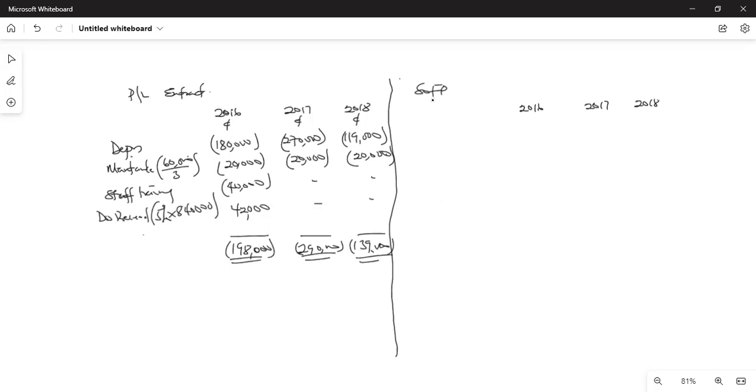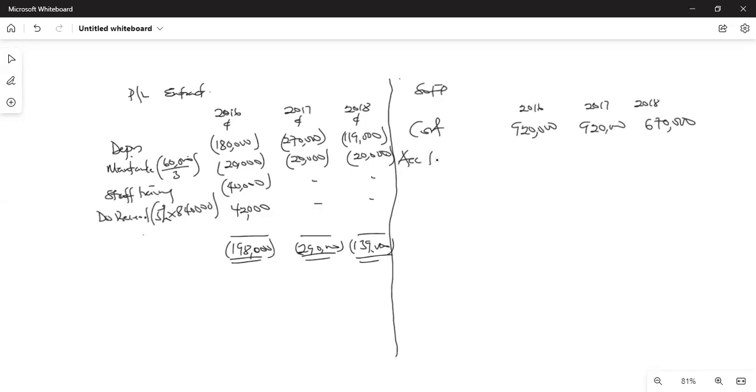Now we come to our statement of financial position. Remember, it shows a carrying amount. So in terms of carrying workings here, we actually had the cost of the asset in this year to be 920,000, but an upgrade happened here, making us have 670,000.